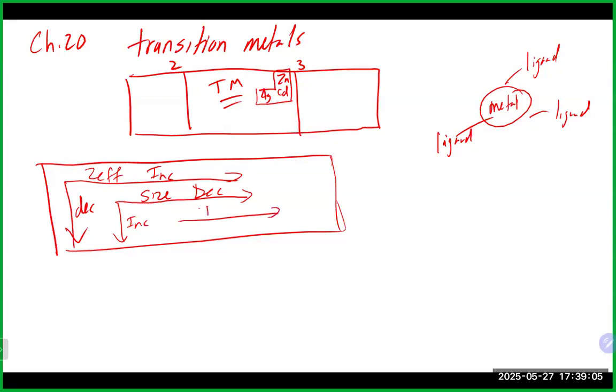Ionization energy, the energy required to remove an electron, increases as you go up to the right and decreases as you go down to the left. Electron affinity, the energy change that occurs when an atom gains an electron, increases as you go up to the right and decreases as you go down to the left.